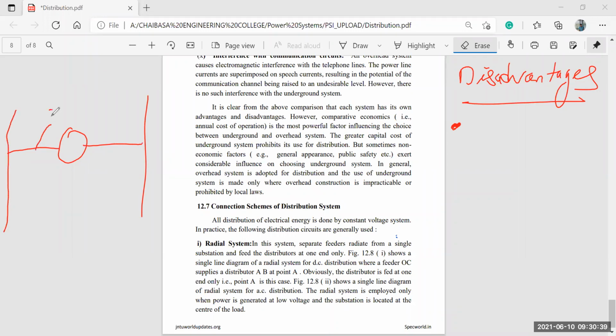If this is your feeder, and this is your distributor, then the distributor near the feeding end, this particular point at this end, is heavily loaded.